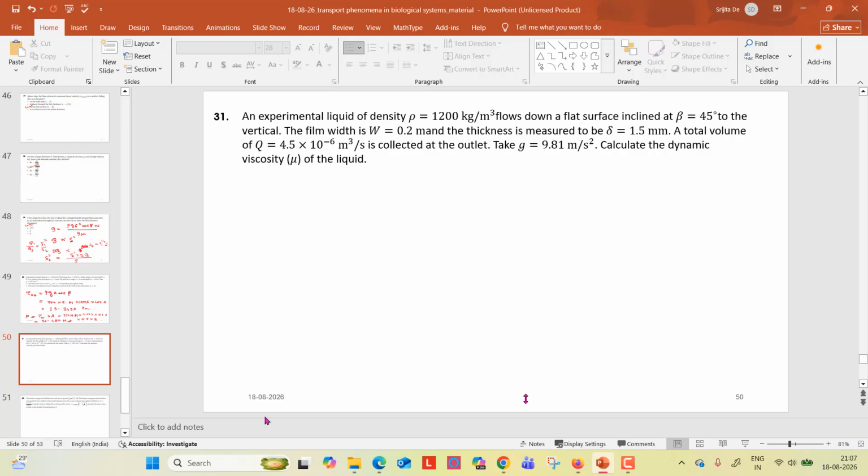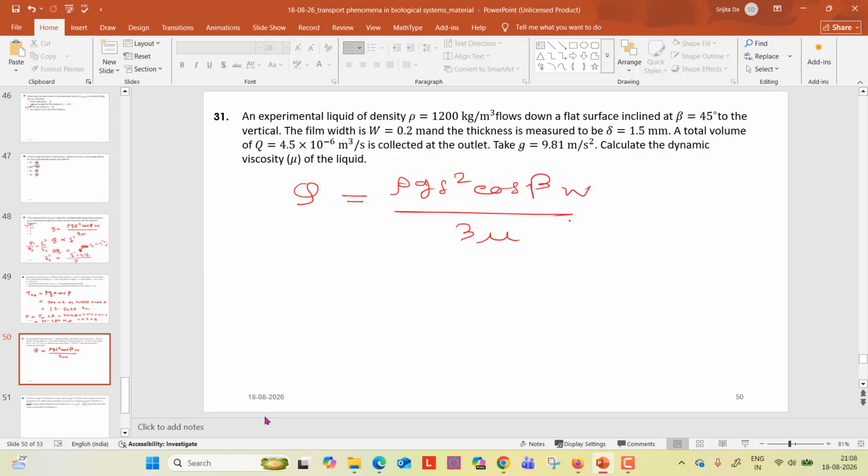Take g and calculate the dynamic viscosity of the fluid. For an inclined plane, we know Q equals rho g delta square cos beta W by 3 mu. Right? So now just put the values and you will get mu.